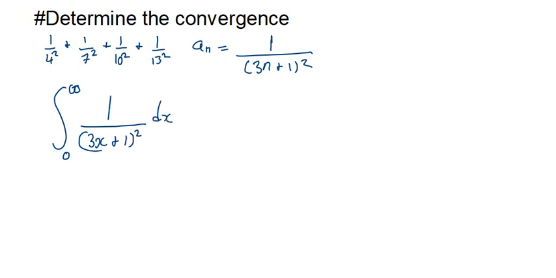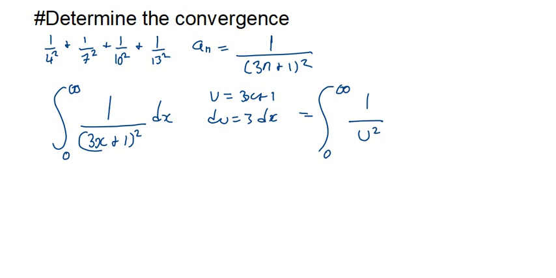I'll let u equal 3x plus 1, so du will be 3 dx. So this is going to be 1 over u squared multiplied by dx, and dx is du divided by 3, but I can put the 1 over 3 outside.